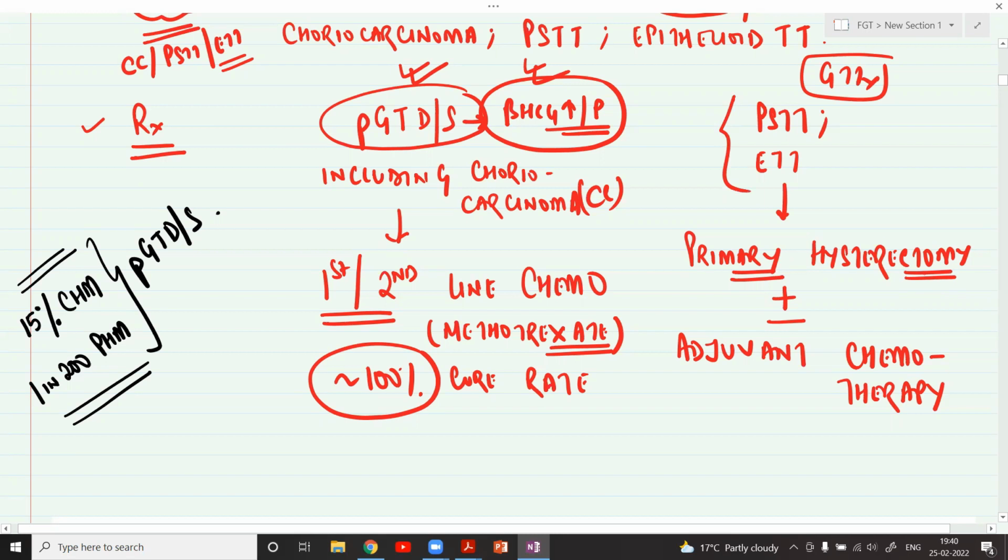So it is very important to understand whether it is a persistent gestational trophoblastic disease, that means after an invasive mole, a H mole, a partial mole, or a complete mole, when the beta HCG level is not coming down, we call it persistent gestational trophoblastic disease. That, along with early cases of choriocarcinoma, is treated with first and second line chemotherapy only. Whereas placental site trophoblastic tumor and epithelioid trophoblastic tumor are both treated with primary hysterectomy, that is, surgery is the first option, plus or minus adjuvant chemotherapy.